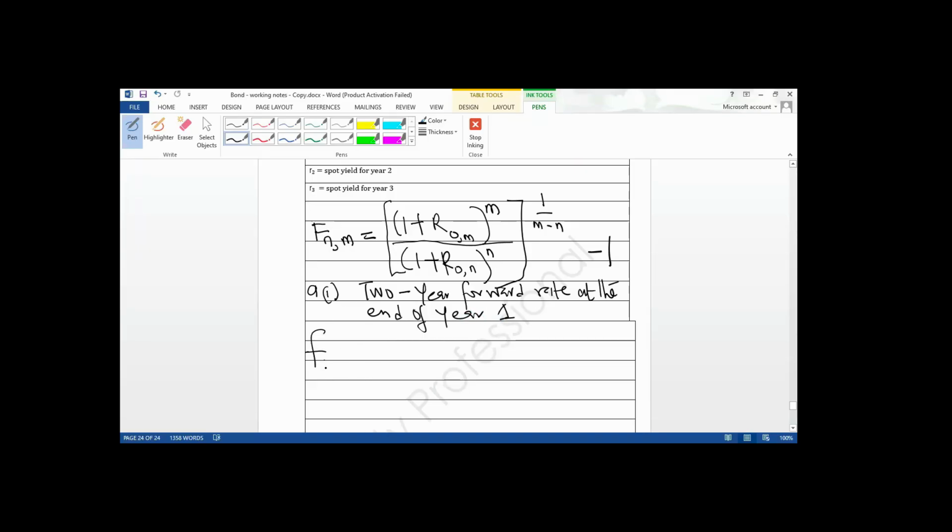N is year 1. 2 years after that becomes 3. That is after year 1, 2 years. This is equal to brackets. Remember, the first figure is your N. This is N. This is M. 1 plus R0. M is now what? 3.